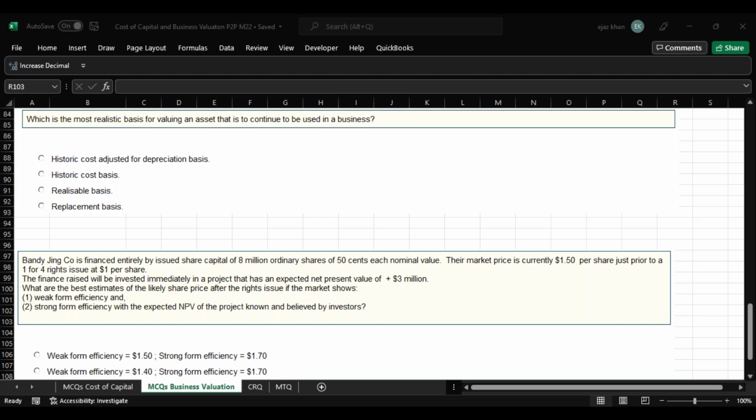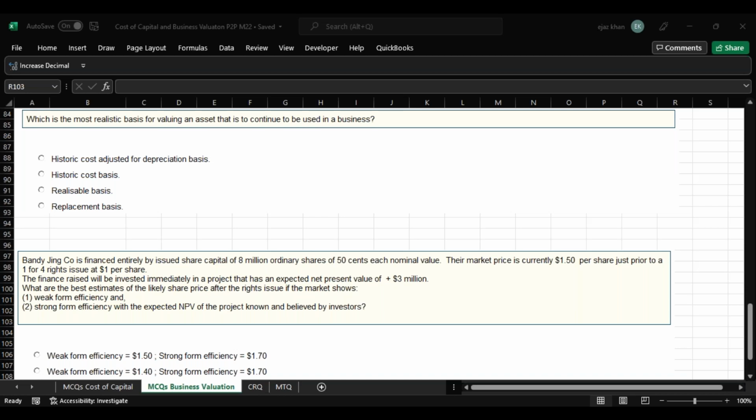Now, weak form efficiency would suggest that the stock market investors don't know about this. Even if the whole public knows, they don't know about it. That's why they haven't responded to this information yet, and the share price currently does not reflect it. The share price is still the same as it was before this information was made public.